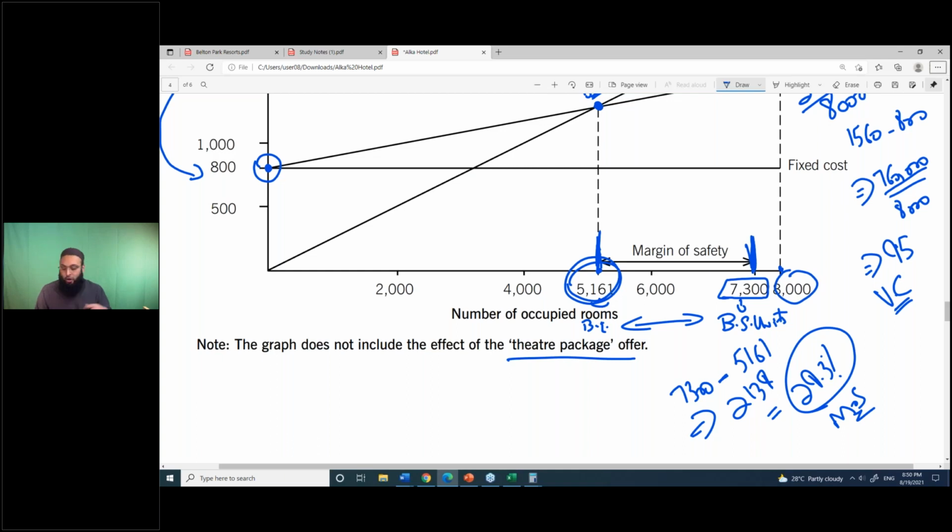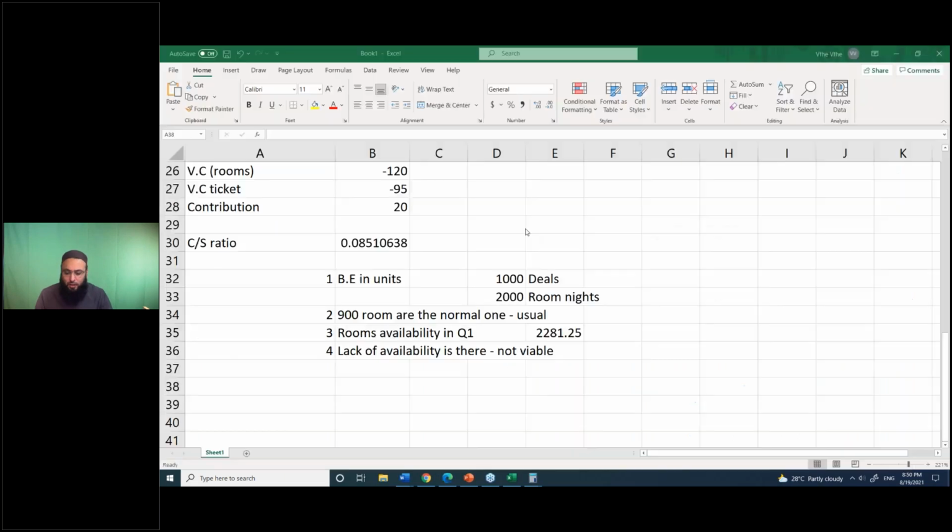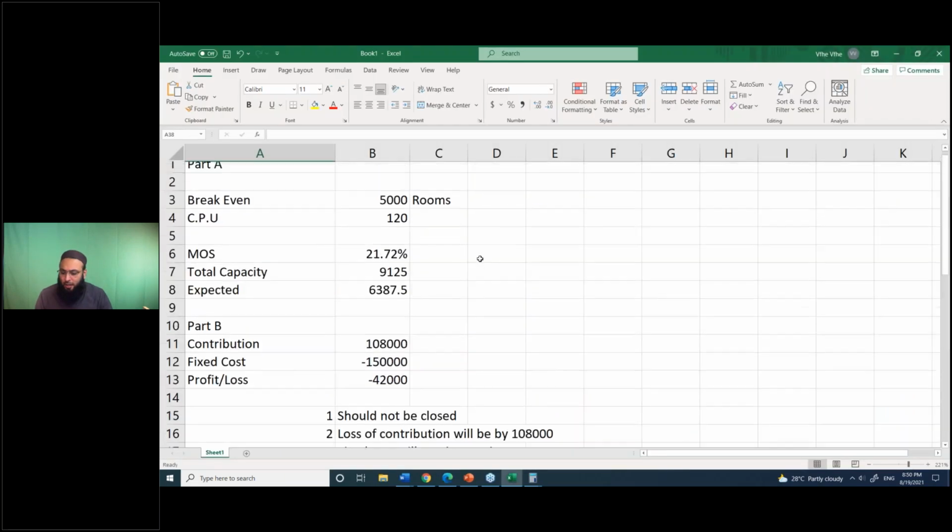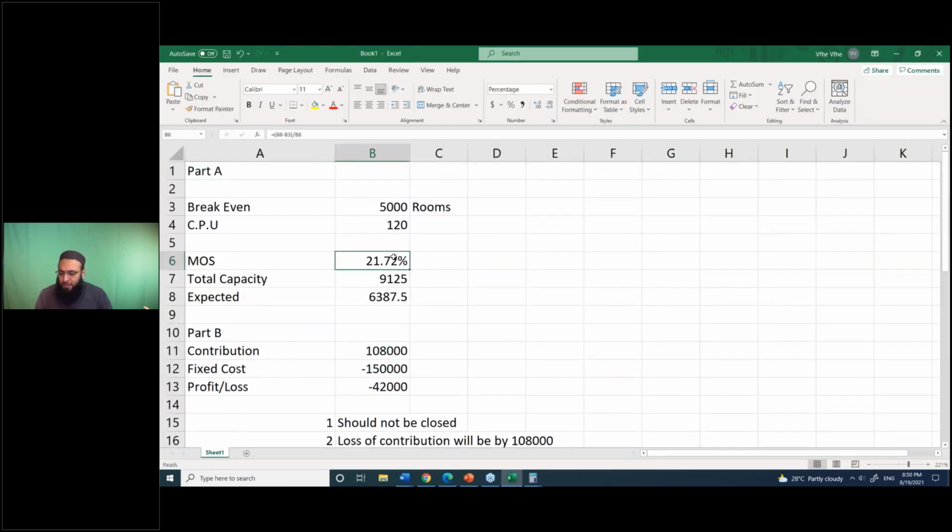Now, previously your MOS was how much? Do we have the numbers? We do have. Previously, your MOS was 21.72, maybe 22%, and now it's 29%. So the increase in margin of safety is good or bad for you? It's good. It's a safer option.